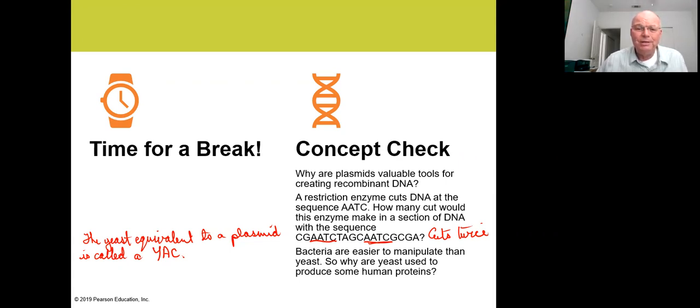And if it happens to be a human gene where there are lots of introns and lots of exons to be spliced together, it actually takes less work to put it through a YAC and into a yeast than it would take to edit the DNA, because editing DNA up until relatively recently was a little bit of a chore.